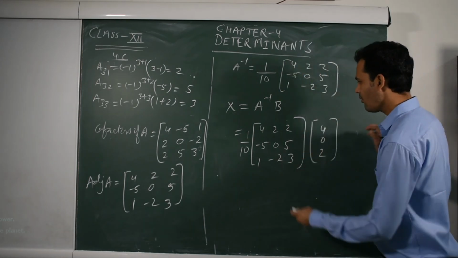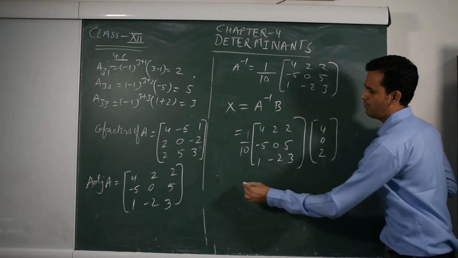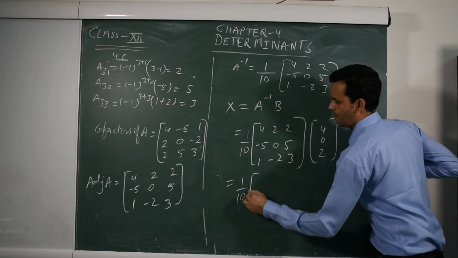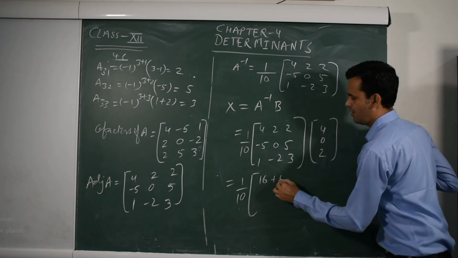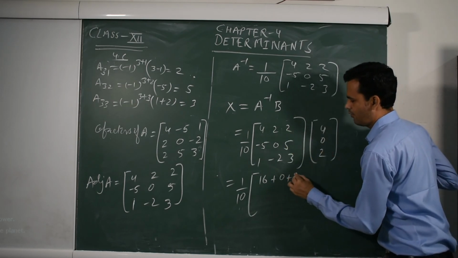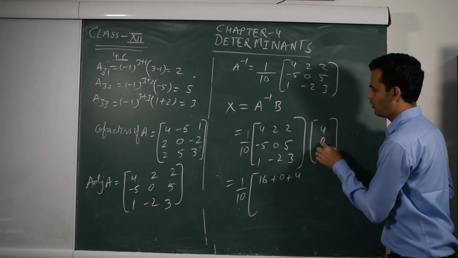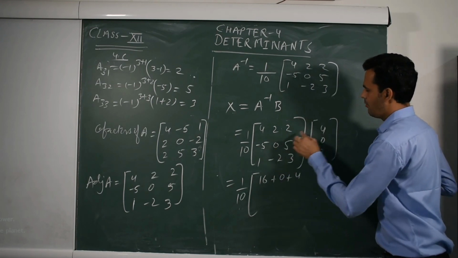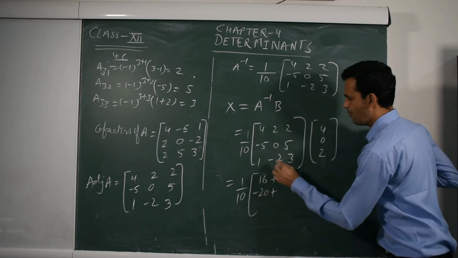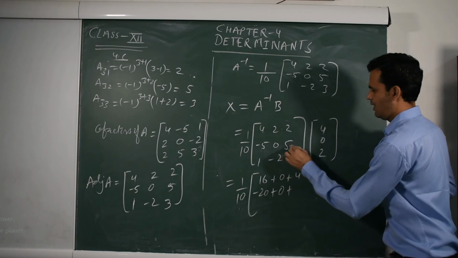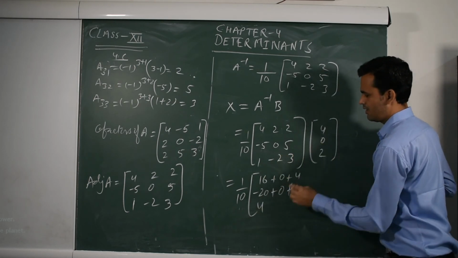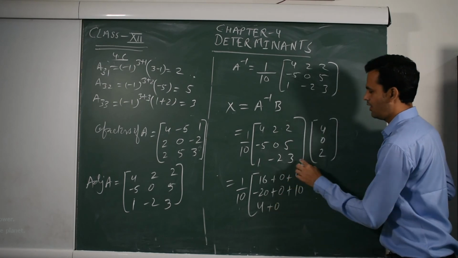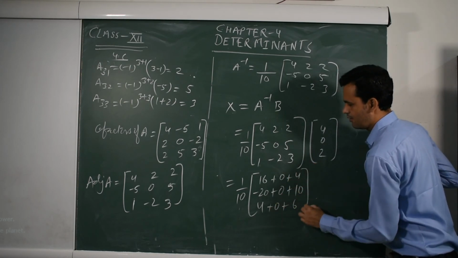Now multiply first row into first column, first element: 4 into 4 is 16, plus 0, plus 4. Then minus 20 plus 0 plus 10. Then 4 minus 0, it means 0, and plus 6.